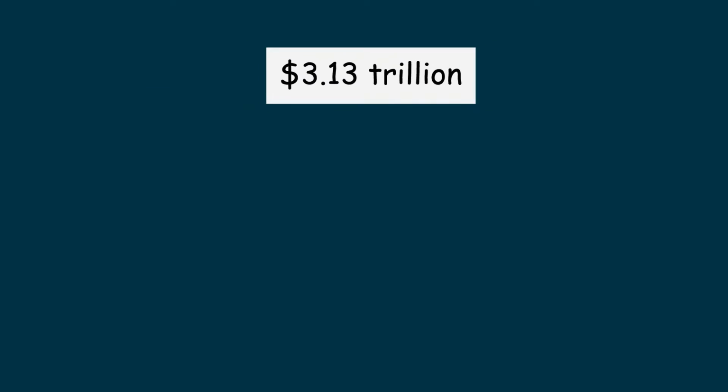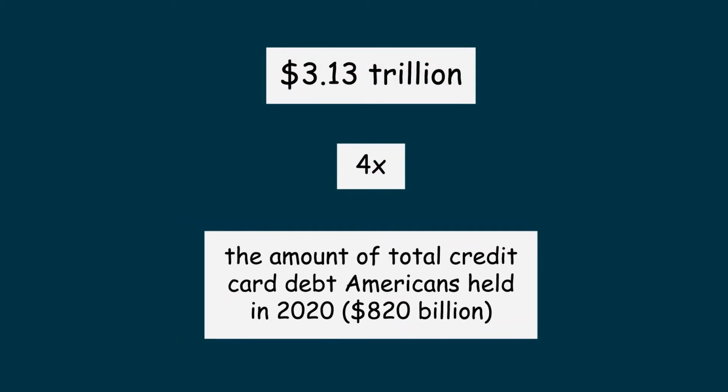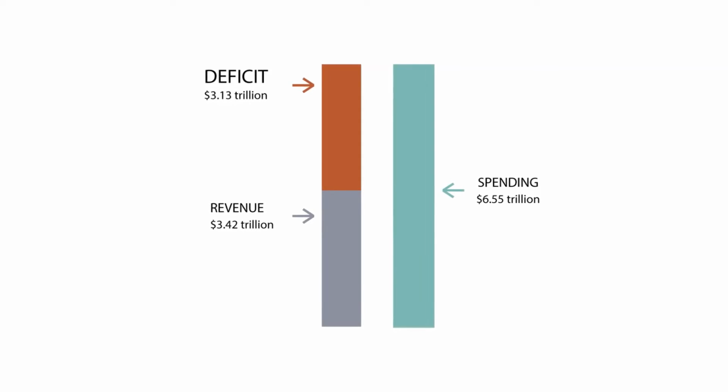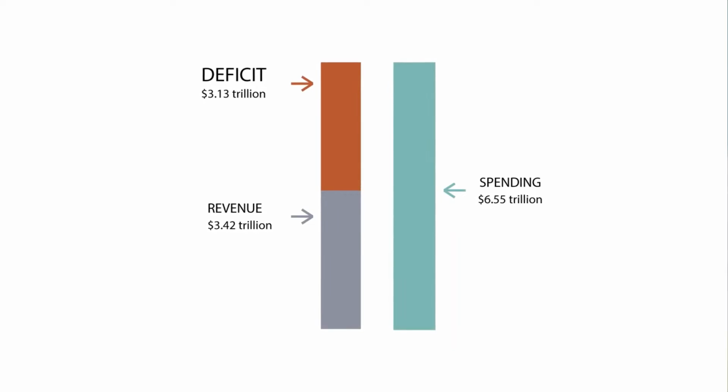For instance, in 2020, the federal government spent 3.13 trillion US dollars more than it collected. To have an idea, 3.13 trillion is about 4 times the amount of total credit card debt Americans held in 2020. So you can see easily in this image these amounts: revenue, spending, and deficit.